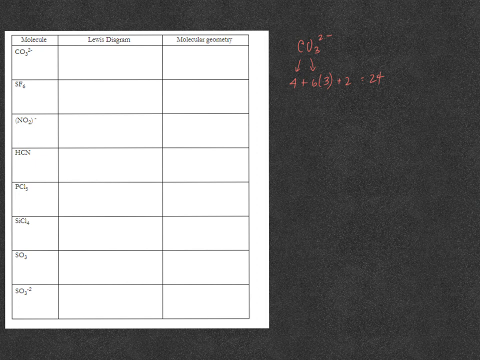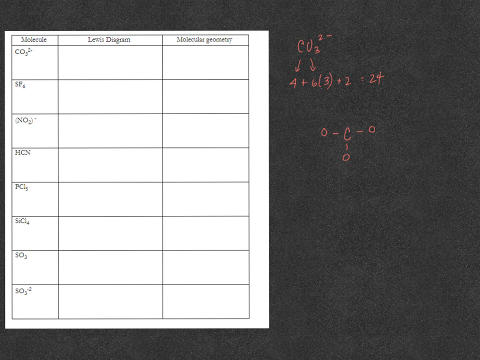Then you need to draw your skeleton structure. Remember, typically the first element is in the center. If carbon's present, it's in the center. And the element that there's only one of will be in the center. So carbon is going to be in the center. I have 3 oxygens, so I connect 3 oxygens with a line. Each line represents a bond of sharing 2 electrons.